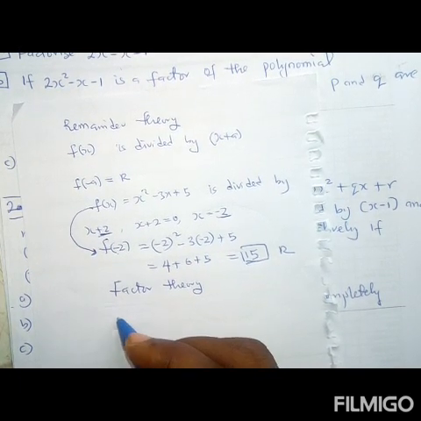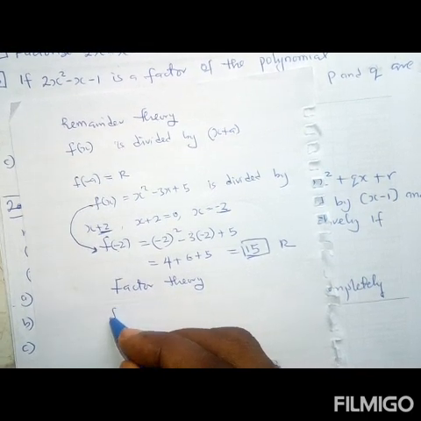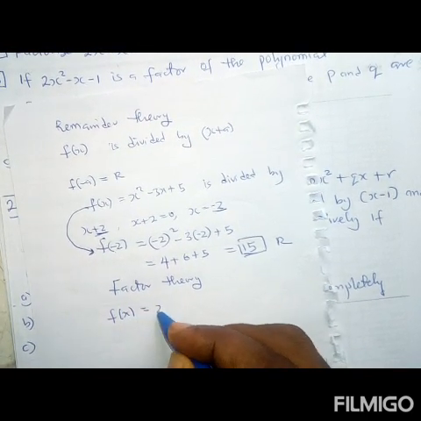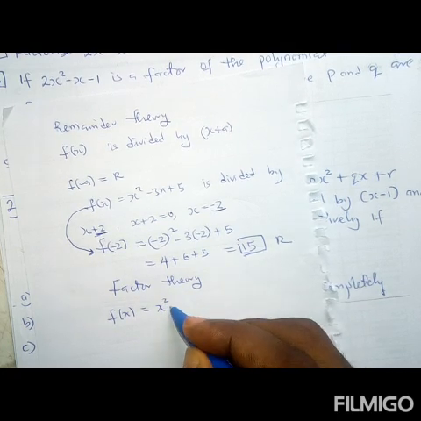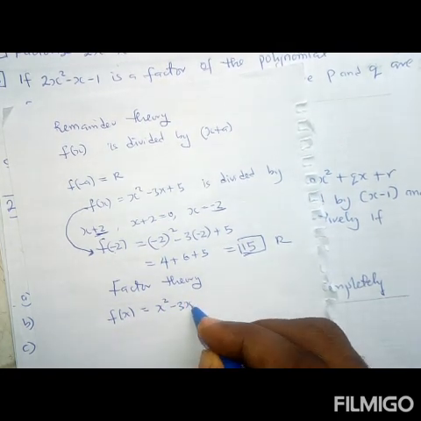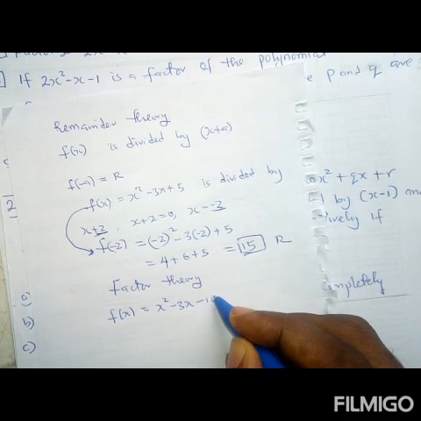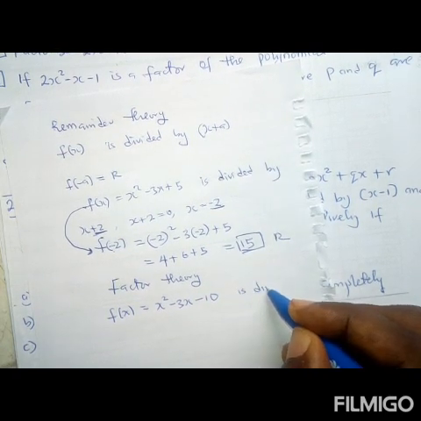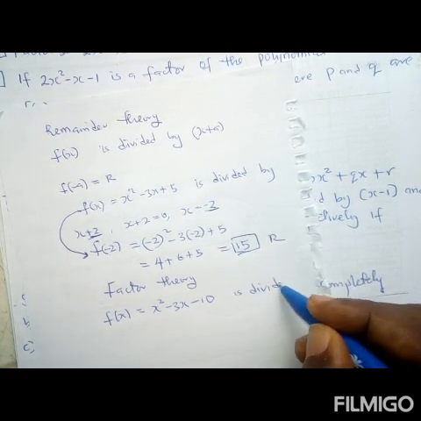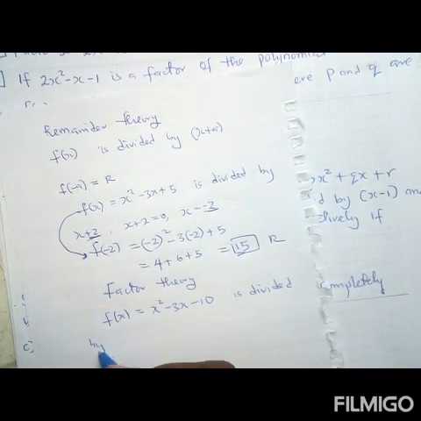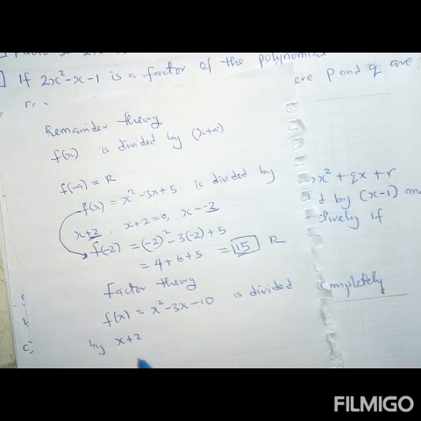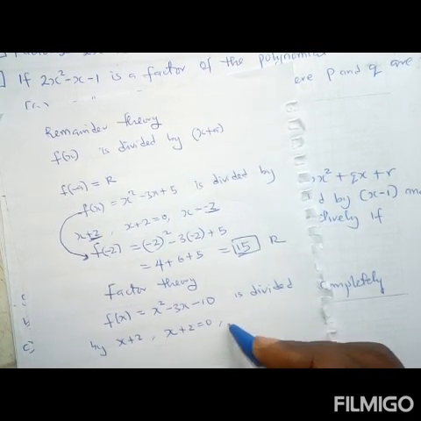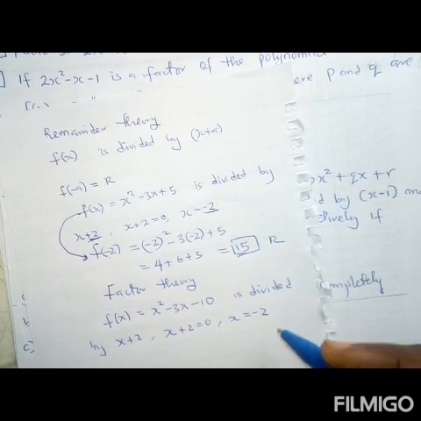In other words, if I have a function f of x equal to x squared minus 3x minus 10, divided by x plus 2, that is x plus 2 being 0, so that x will be minus 2.